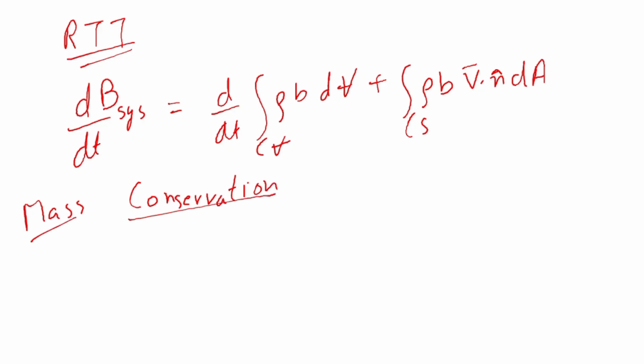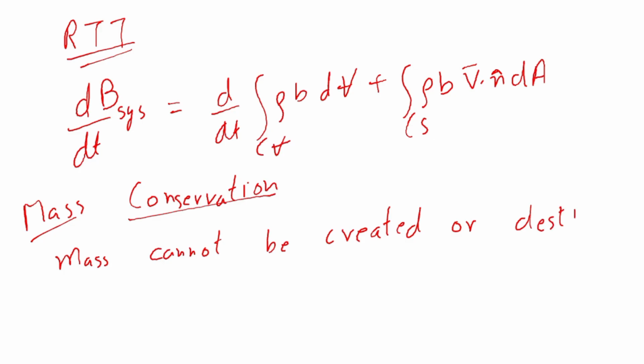All that mass conservation states is that mass cannot be created or destroyed. You can't randomly create mass from thin air or destroy it. You can just convert it and transform it from one form to the other. So the total mass of a system that you're looking at always remains constant.